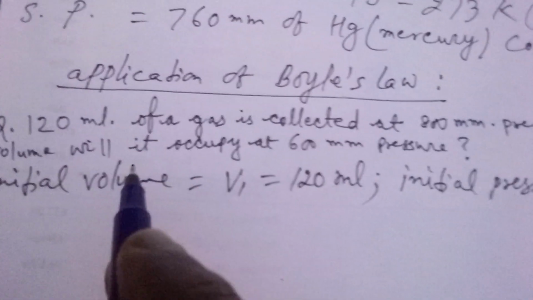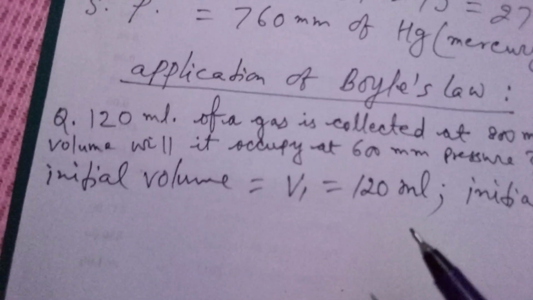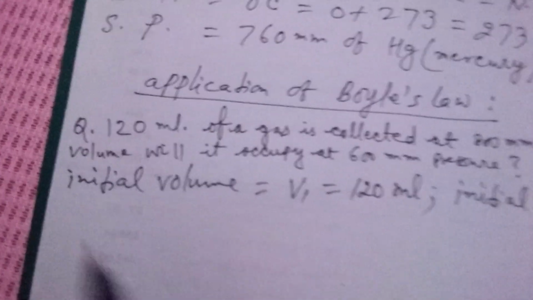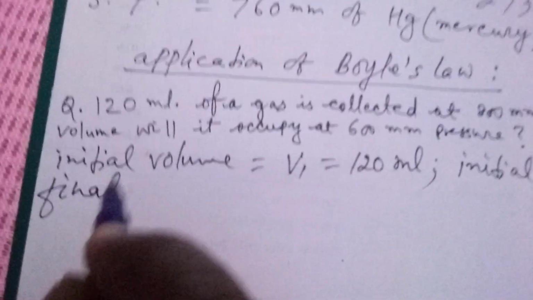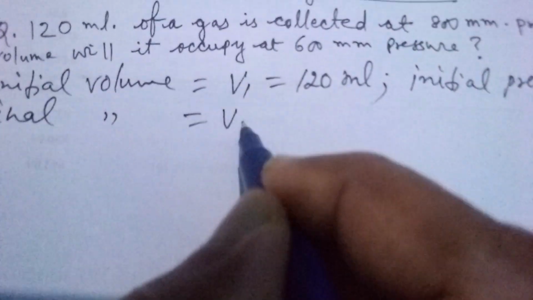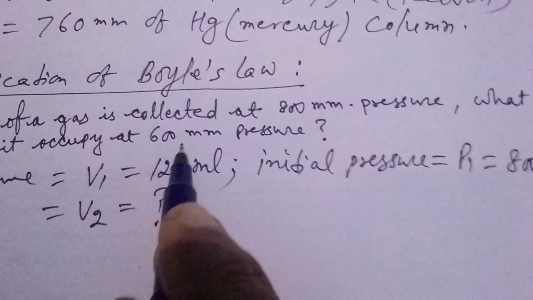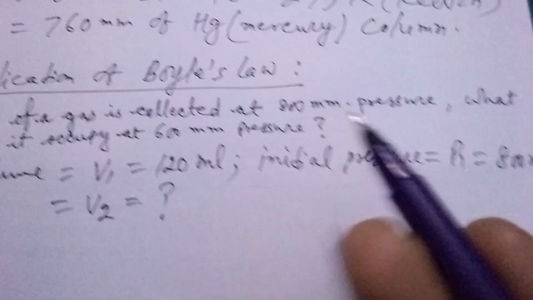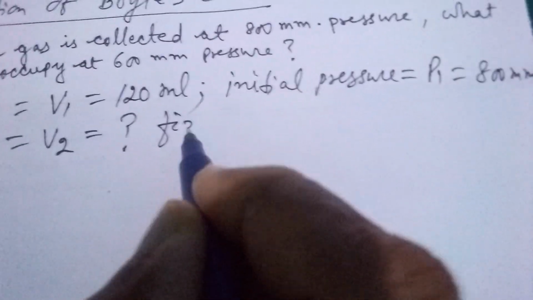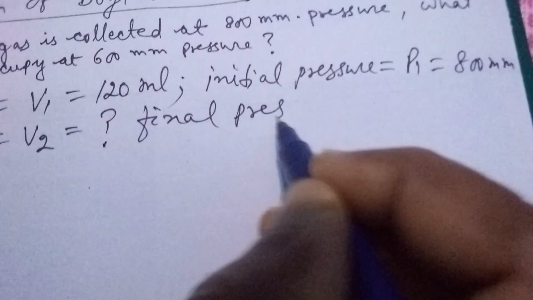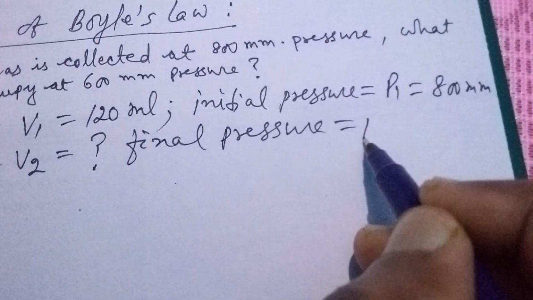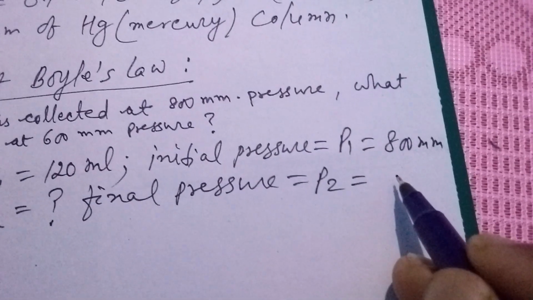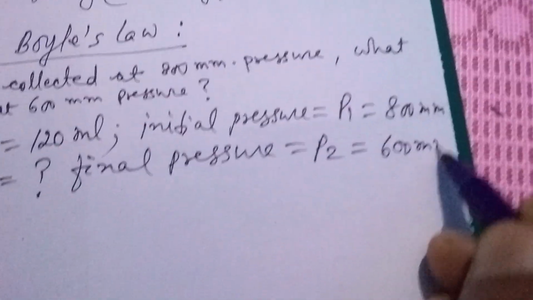And what volume will it occupy? That means what we have to find out. That becomes final. So this is final volume, that is V2, we have to find out. Occupy at 600 millimeter pressure. That means here also this is final pressure, and that is P2, and that is equal to 600 millimeter.